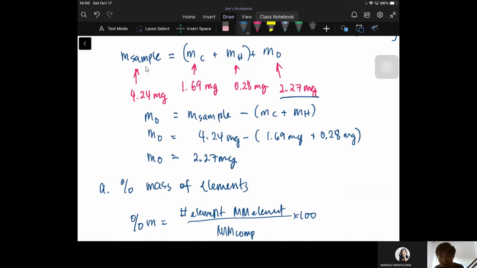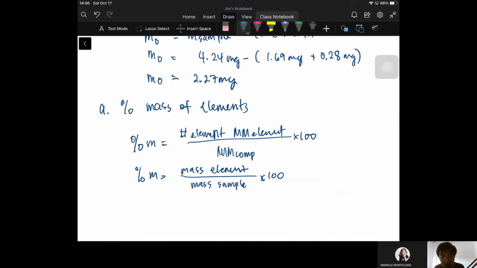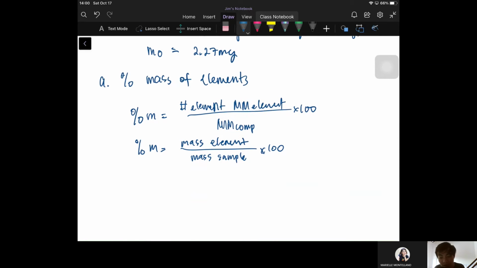Tapos may mass din tayo ng sample. So, all we have to do lang pala is to divide this by this number, divide this by that number. Okay? So, ganun lang ka-easy. Times 100, na? Yun yung workaround natin to solve for the percent mass even though we do not have the formula yet. So, that's the mass of your element divided by the mass of your sample.